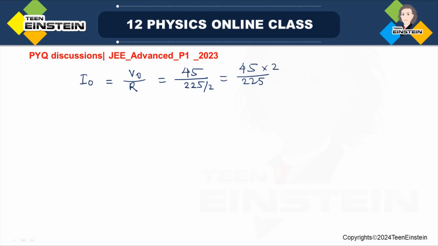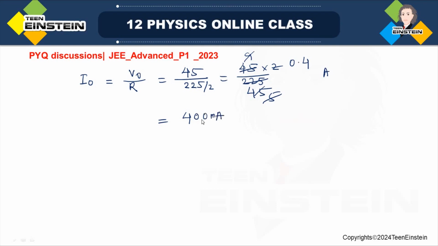So now this is 9, 5 4s are 20, then again this will be 5, then this is going to be 0.4. This is in ampere, so in milliampere it will be 400, so 400 milliampere.